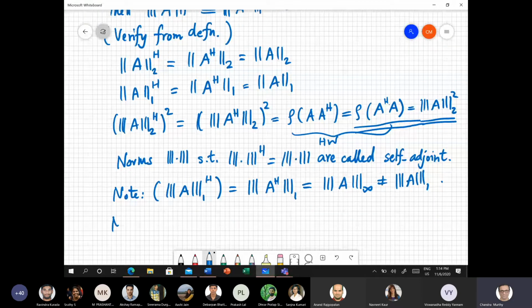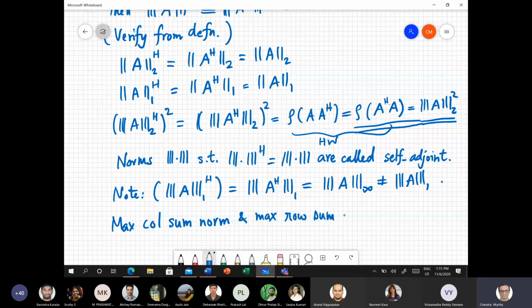So the max column sum norm and max row sum norm are not self-adjoint.